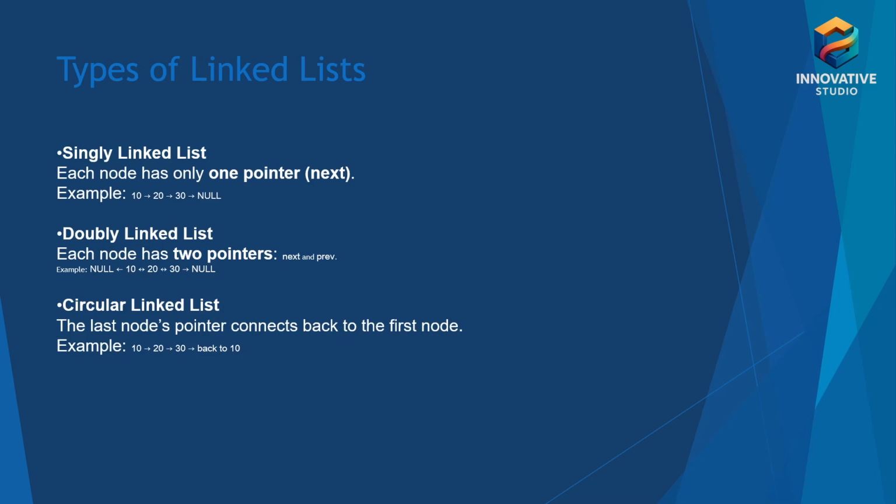So the second type is called double linked list. Each node has two pointers, next and previous. For example, at the start is null, then 10, 20, and 30, then it ends with null.